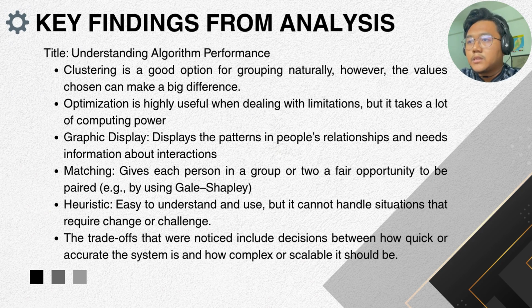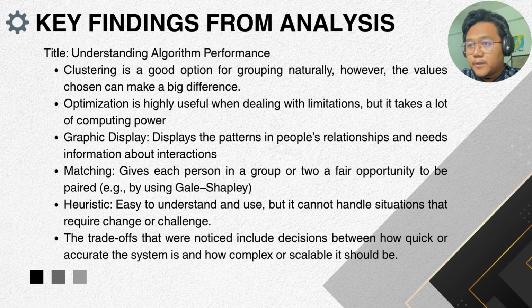The title is Understanding Algorithm Performance. Clustering is a good option for grouping naturally. However, the values chosen can make a big difference. Second, optimization is highly useful when dealing with limitations, but it takes a lot of computing power.